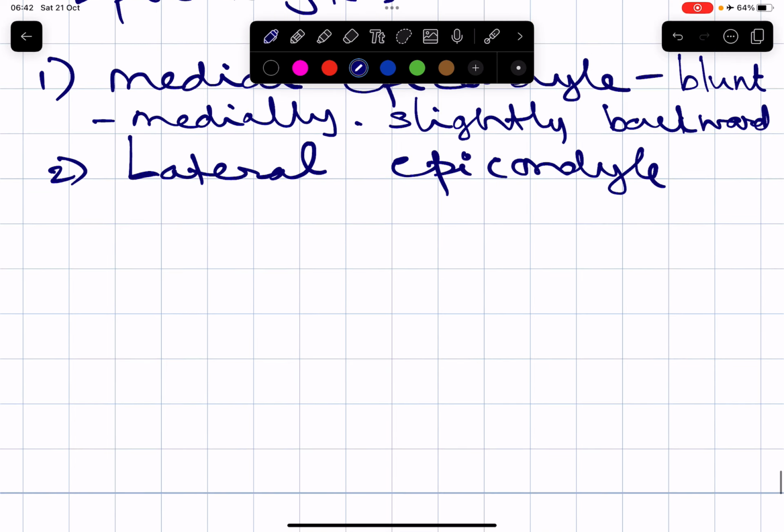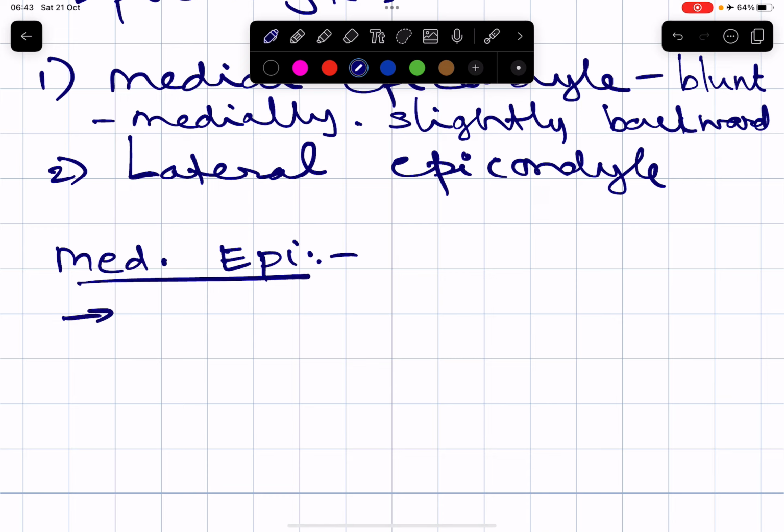Now what are the attachments of the medial epicondyle? The tip of the medial epicondyle gives attachment to the anterior and posterior bands of the ulnar collateral ligament. What is it?